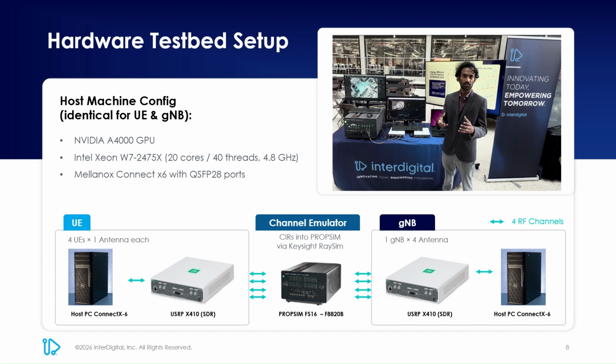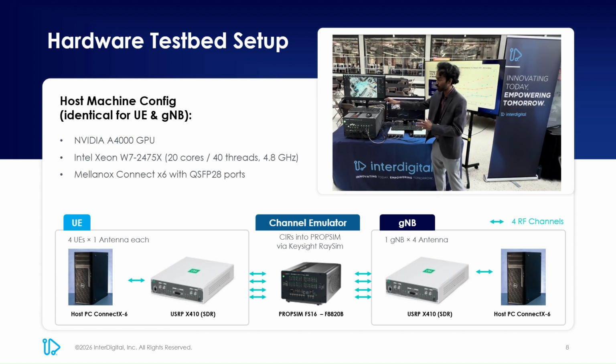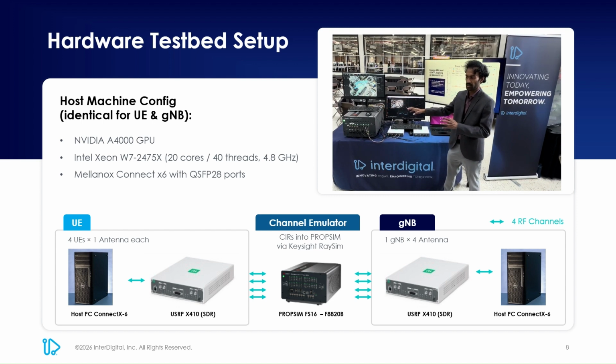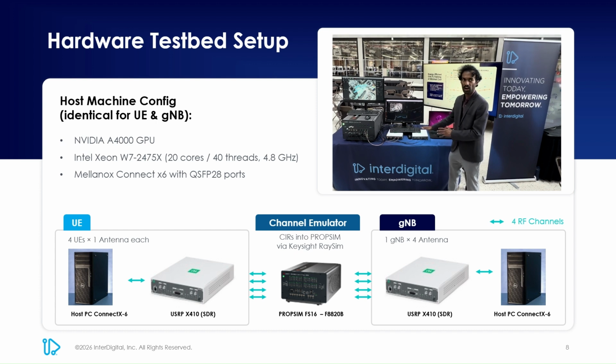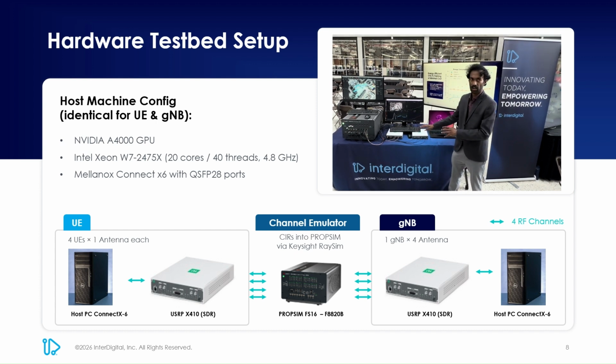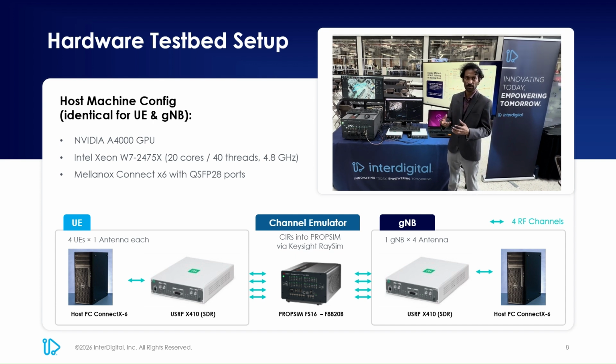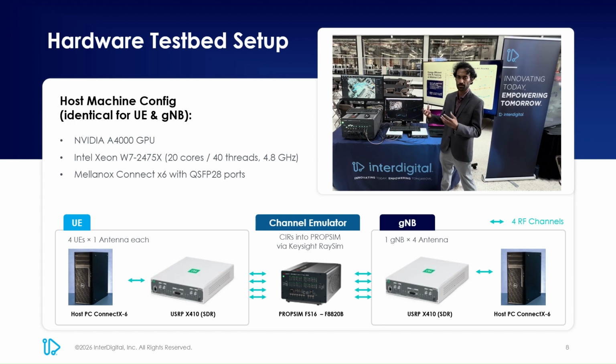In an outdoor environment with actual path losses and site-specific channels imported in this PROPSIM, we validate the OTA-FL concept. On the base station side, we have another X410, which has multi-antenna capabilities.